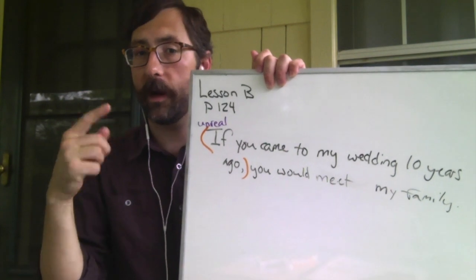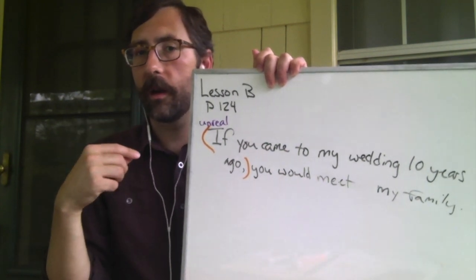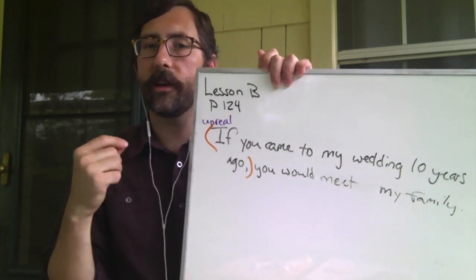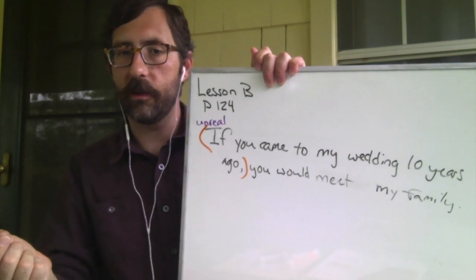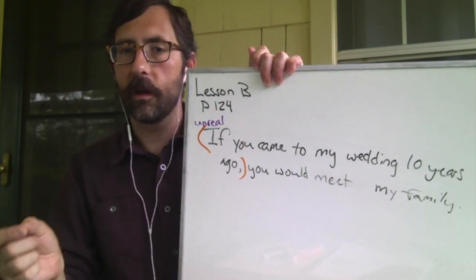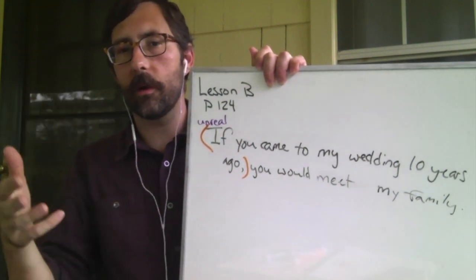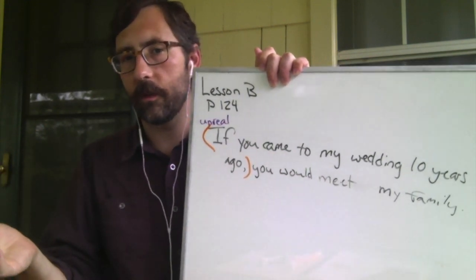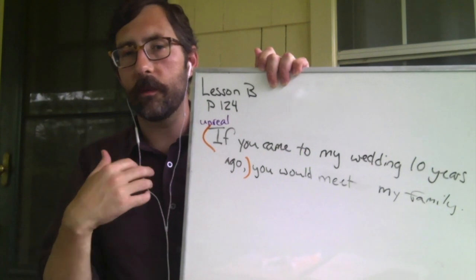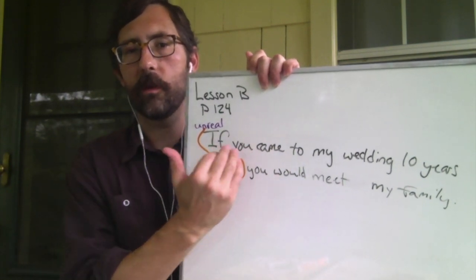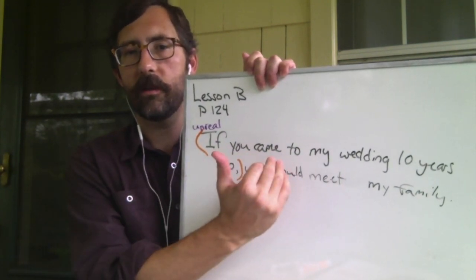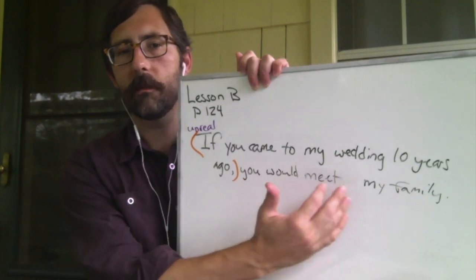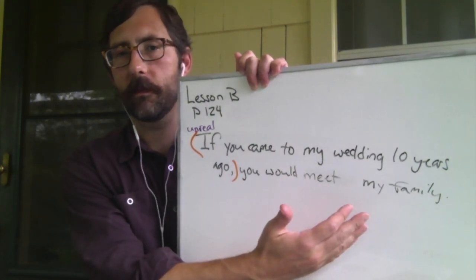But we can think about, well, what if? What if you did come to my wedding 10 years ago, right? In this imaginary world, in this pretend world where I did know you 10 years ago, and you came to my wedding, okay? So if you came to my wedding 10 years ago, you would meet my family, right?